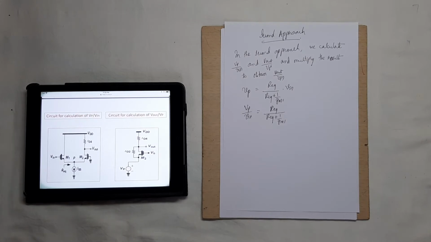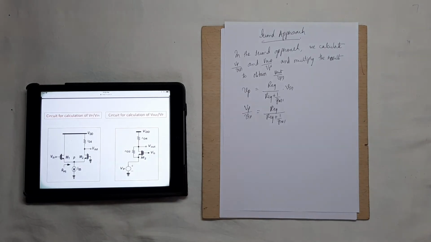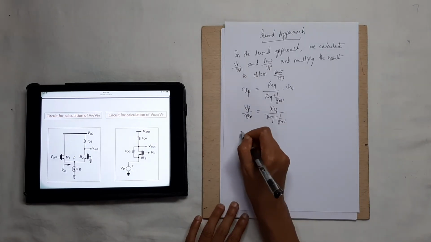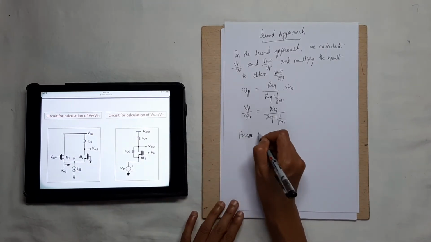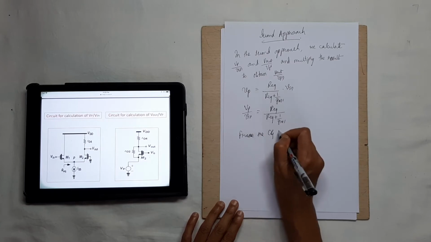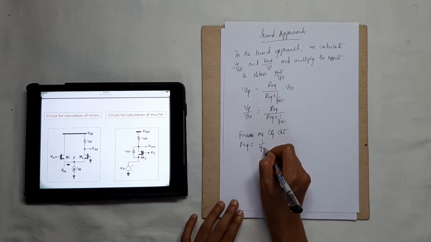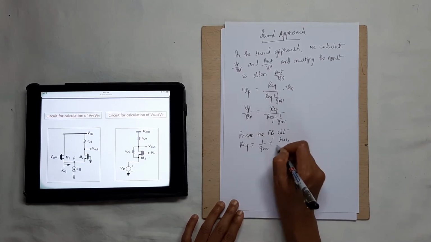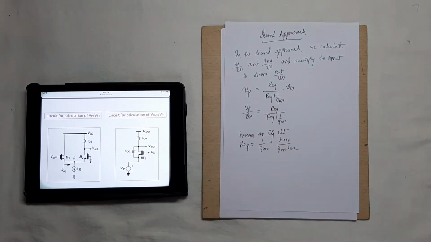Since the drain of M2 is terminated by the relatively large resistance of RO4, the value of the R equivalent must be obtained from the common gate stage, that is from the common gate circuit. We can get R equivalent is equal to 1 upon GM2 plus RO4 divided by GM2 into RO2. This already we have derived. You can go back and refer to the derivation.